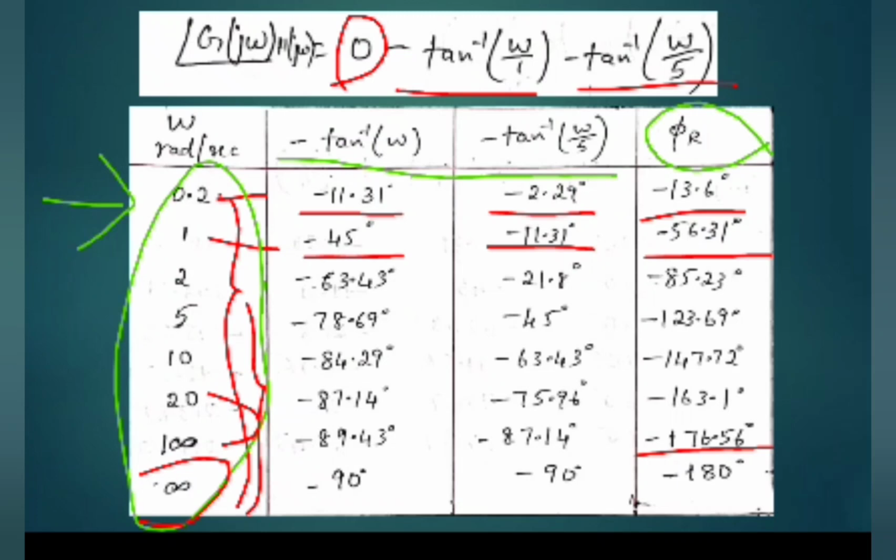So it will be closer to minus 178, 179, 179.99, but it doesn't reach minus 180 degree. But to find out the value of gain margin, we need to cross the minus 180 degree line. When the values keep varying and it doesn't reach minus 180 degree, we assume that the phase will be equal to minus 180 degree at some point where omega is equal to infinity.